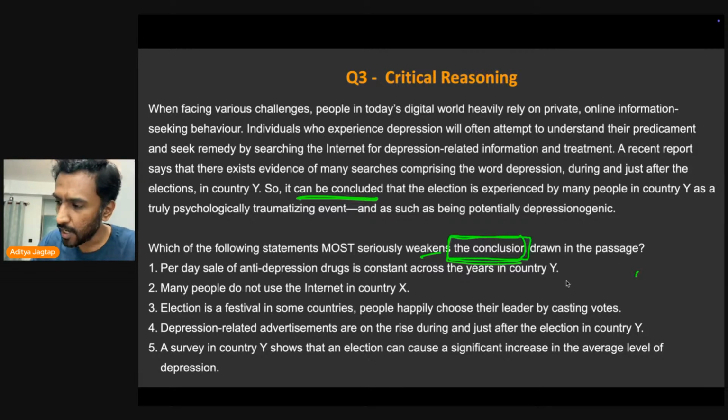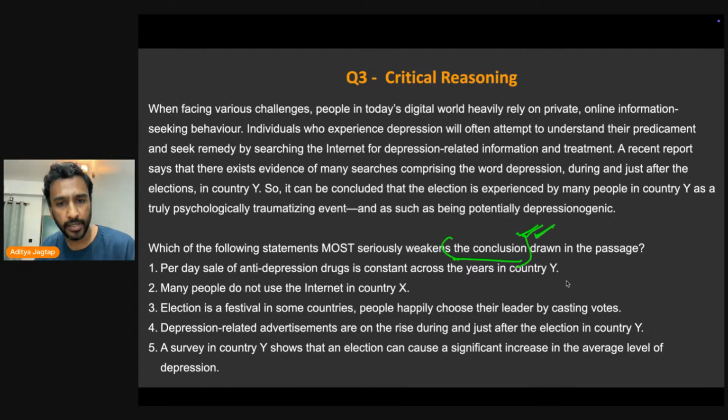But if this was the argument made by the author, sometimes the passage will not say something as clearly as this, right? So identifying the argument, the hypothesis, the conclusion is always a challenge. So the first step is to figure out if you have understood and correctly identified this. Then think of what weakening it would look like, and then go through the options. So I'll explain that process.